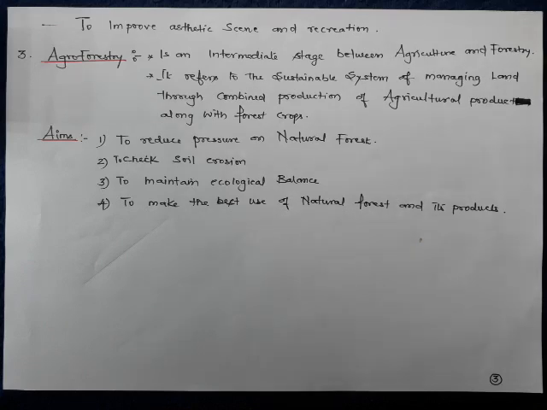Their main aims are to reduce pressure on natural forest, to check soil erosion, to maintain ecological balance, which is very important, and to make the best use of natural forest and its products. So National Forest Policy, Social Forestry, and Agroforestry are the 3 programs or initiatives being taken by the government to protect or conserve forest and to ensure that the forest resources are made available for future generations.